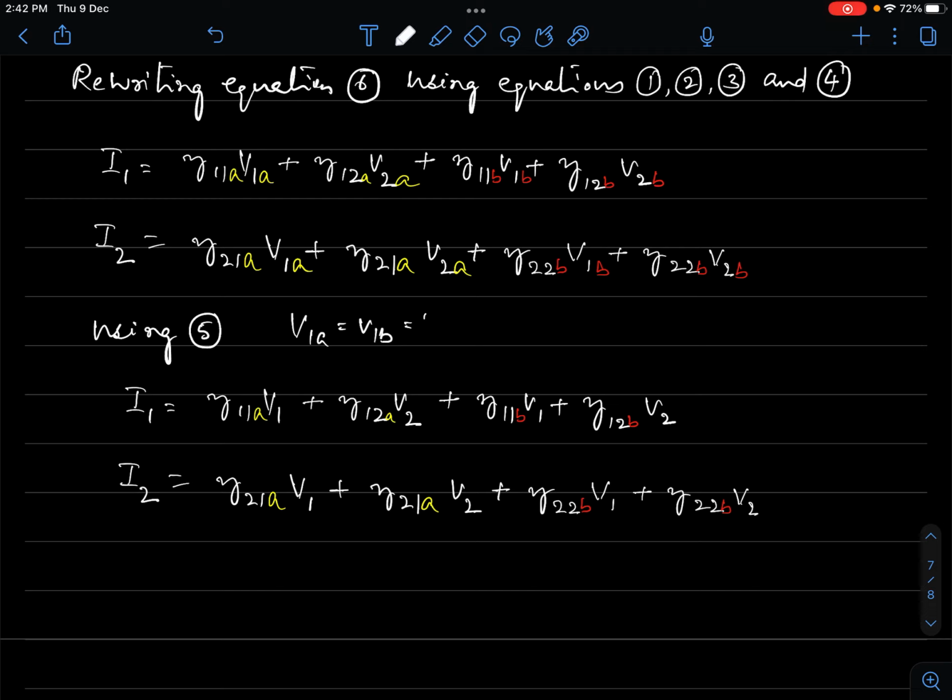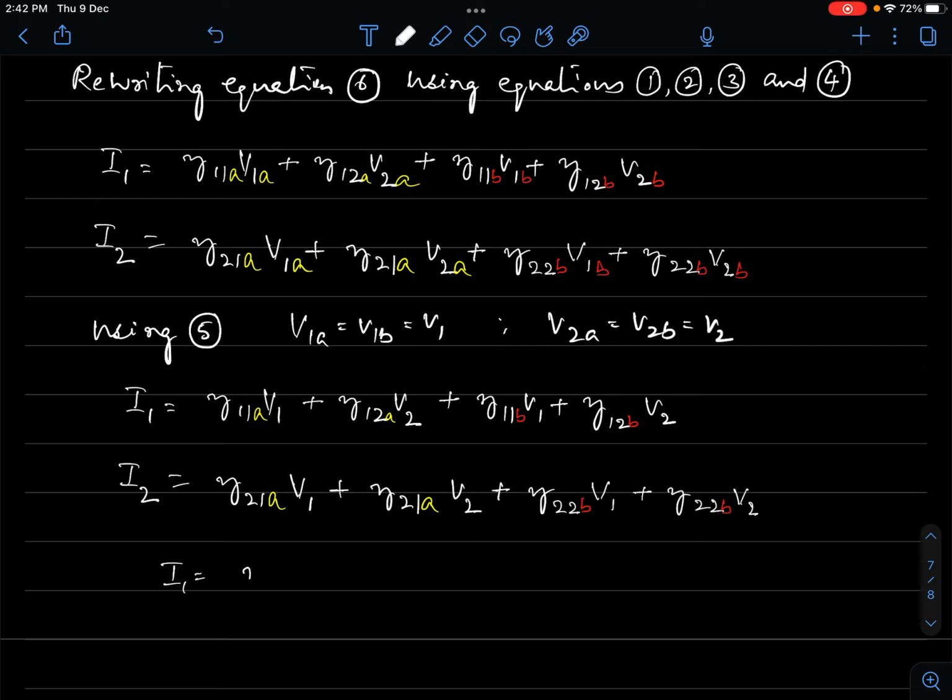Equation 5 is V1A equal to V1B equal to V1, and V2A equal to V2B equal to V2. I just removed the suffix A and suffix B from the V's and maintained V1 and V2. That's all. I suppose there is no confusion and no ambiguity here.